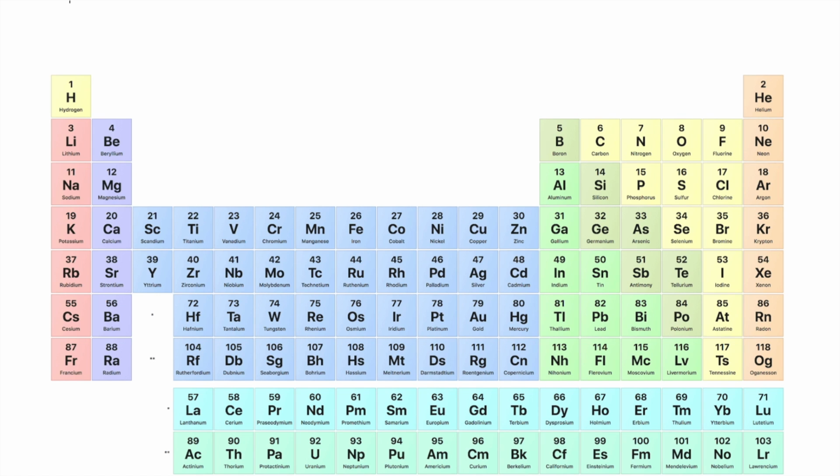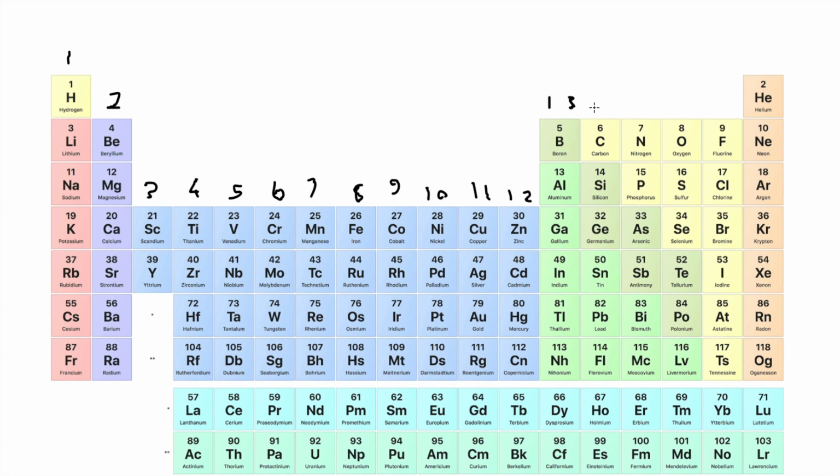So what is even a group? Well, I guess you could view the groups as the columns of the periodic table. And like most things that we want to do, we normally number the columns 1, 2, 3, 4, 5, 6, 7, 8, 9, 10, 11, 12, 13.